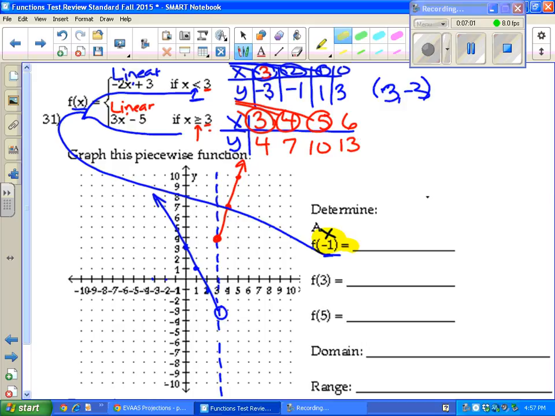So negative 1, come up here, only go to the top piece. The only part that you ever substitute into is this first part. So it's going to be negative 2 times my negative 1 that I'm working with plus 3. All right, and that's going to be 5. Okay, so at negative 1, I should have 5.